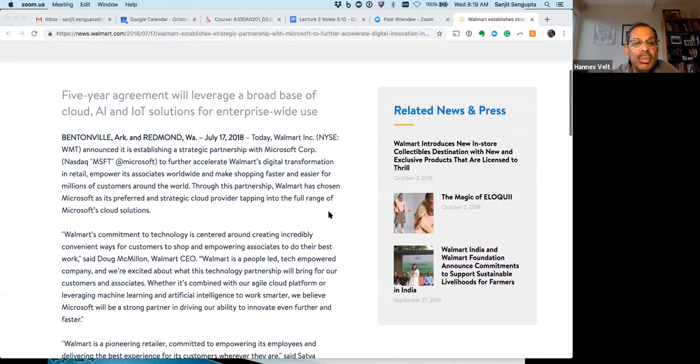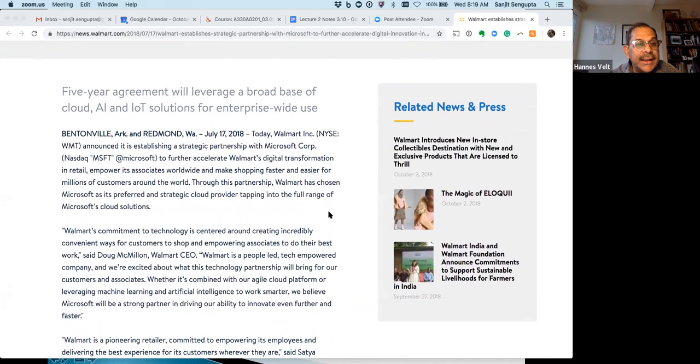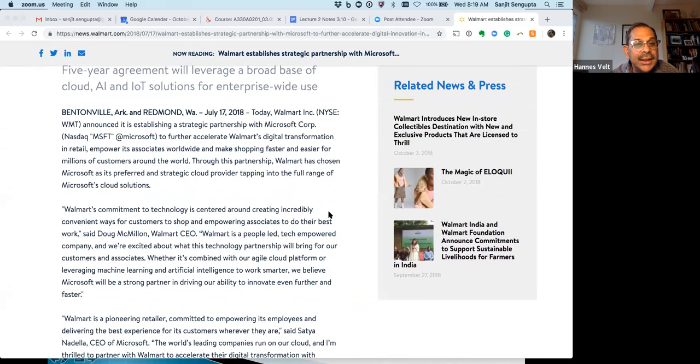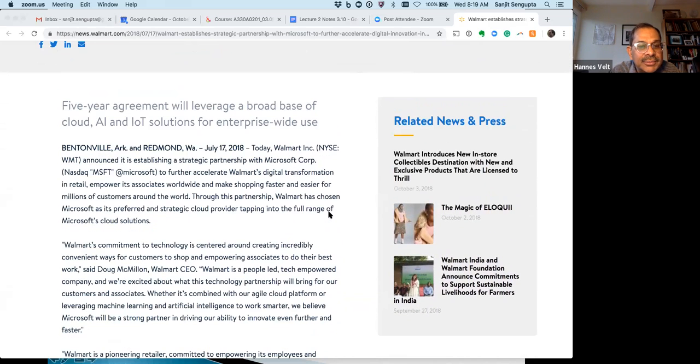So, Walmart is a big retailer in the US, and they're facing a lot of competition from Amazon. So anything they can do to try to bridge the gap with Amazon would be useful in a competitive sense. Let's see what they're doing here.